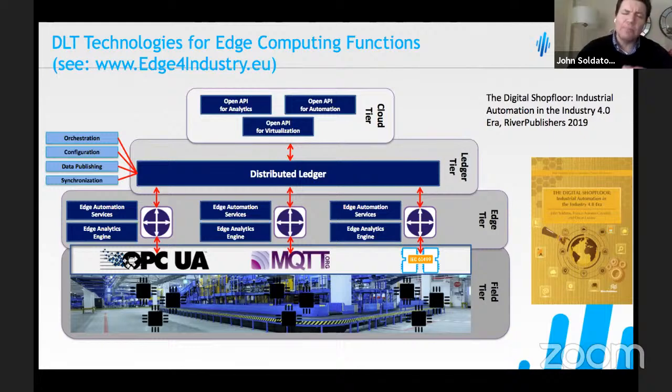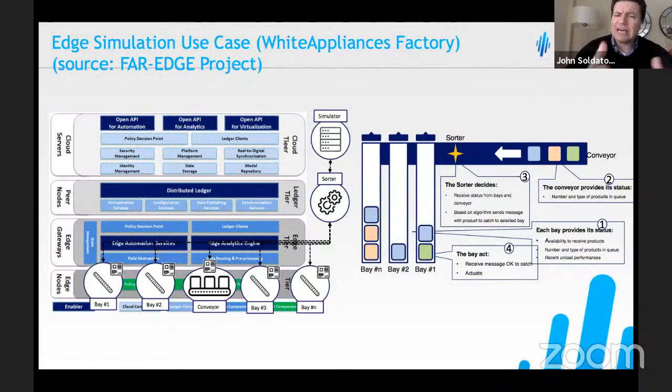So you can write this on a blockchain and have an extra layer of security, anti-tampering properties and trust, but also you can use it in order to configure the way your analytics will operate at the edge, or the real-time automation operations you would like to perform at the edge. So that was one approach, and we tested it in different factories.